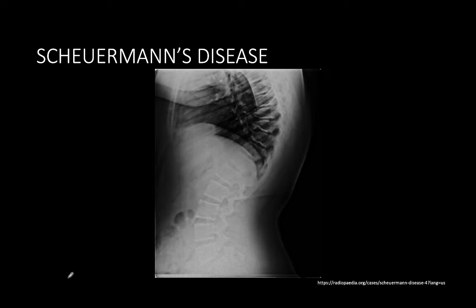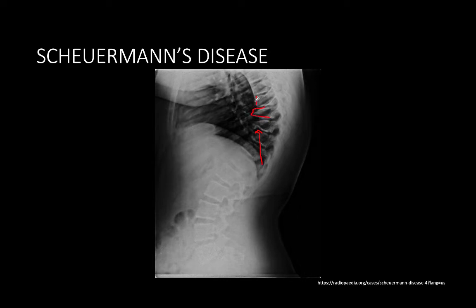As a result of the inflammation and hyperemia, the end plates get weaker and Schmorl's nodes occur, along with anterior vertebral body wedging. So the most characteristic findings of Scheuermann's are those two things, Schmorl's nodes and anterior vertebral body wedging.